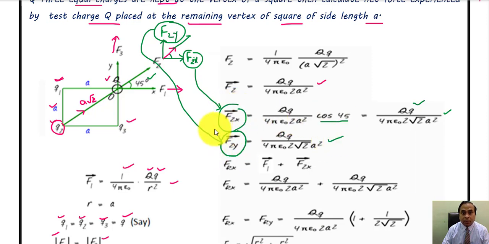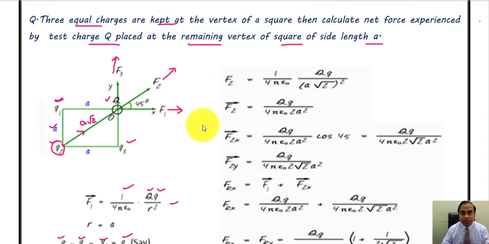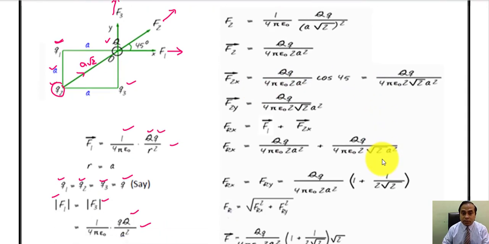Now I'll just erase this extra drawing to make you understand something more. Okay. After this entire analysis is done, let me say what the net force is along the x-axis.